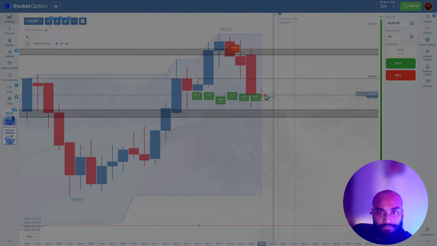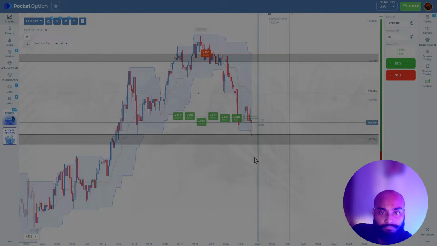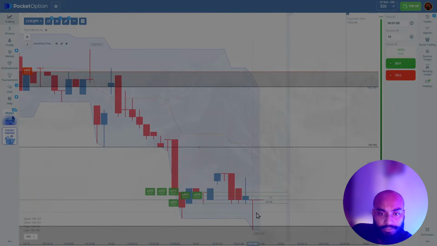Let's see. The sellers are trying. Very good. Let me check it on like a 5 second candle. Okay, it got rejected. Very good.